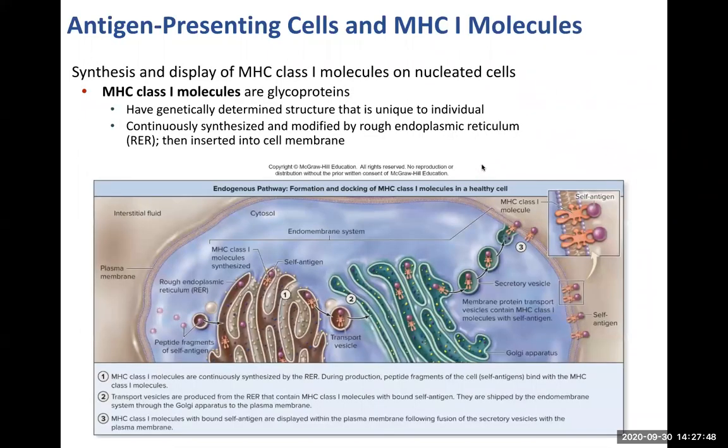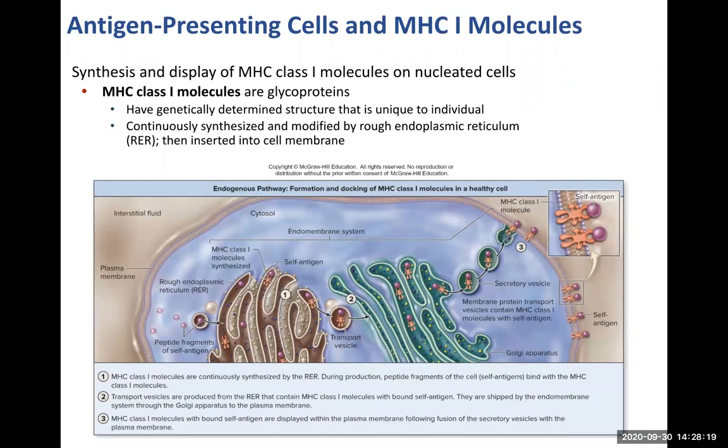Okay, and that's what these next couple of slides go over, right? So again, this picture kind of scares people, but really all it's showing you is that endogenous antigen, so antigen that comes from within, is processed by the rough endoplasmic reticulum, and then it is presented on the surface of all nucleated cells in the context of MHC1, okay?